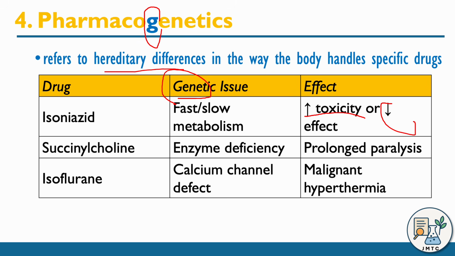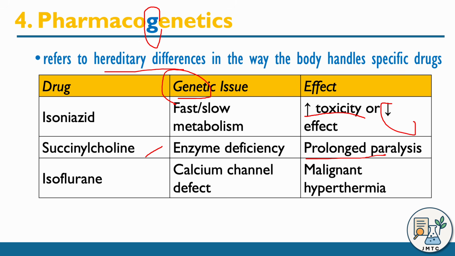So, the drug lasts hours instead of minutes. So, instead na short lang yung muscle paralysis that succinylcholine gives, nagiging prolonged yung paralysis niya. And if that happens, the patient cannot breathe on their own. So, kailangan niya ng mechanical ventilator until recovery.